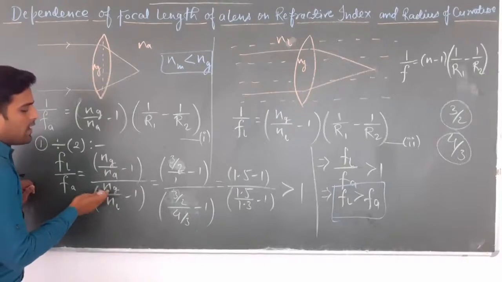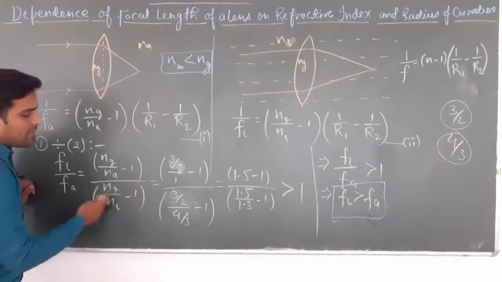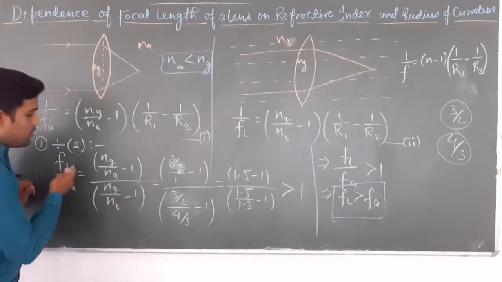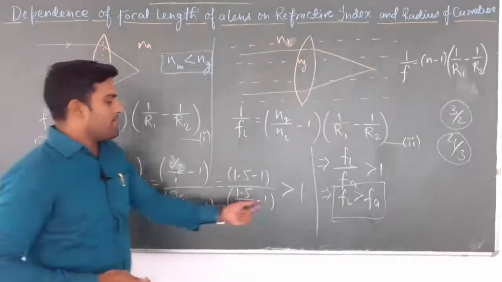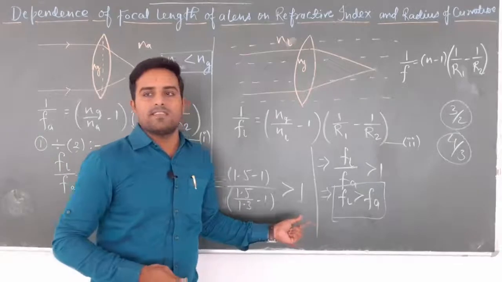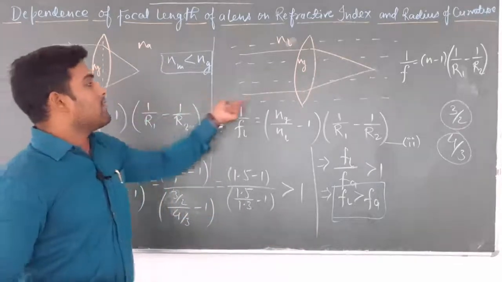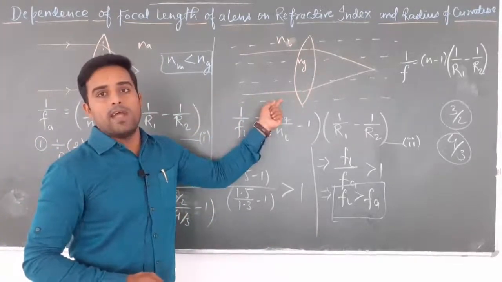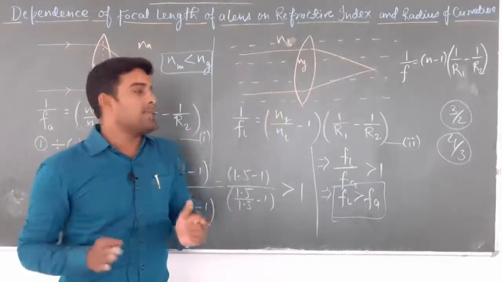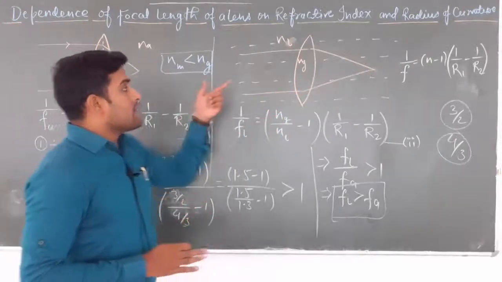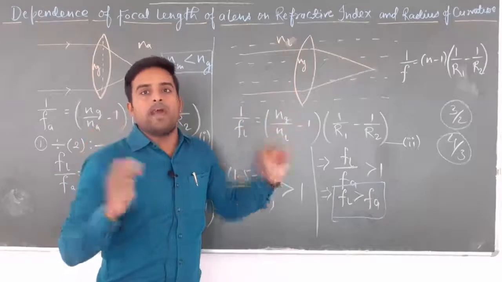It becomes 1, 1 minus 1 becomes 0, and when you divide the numerator by 0, Fl upon Fa becomes equal to infinity. It means when the refractive index of lens and medium become the same, the focal length will be infinite.